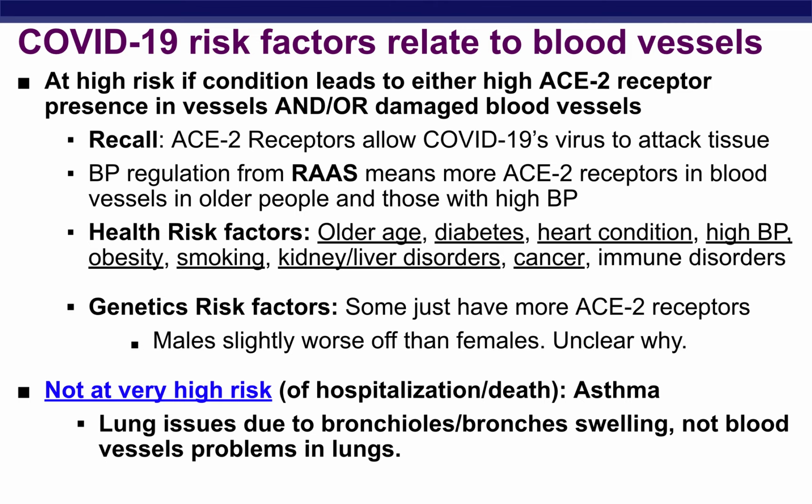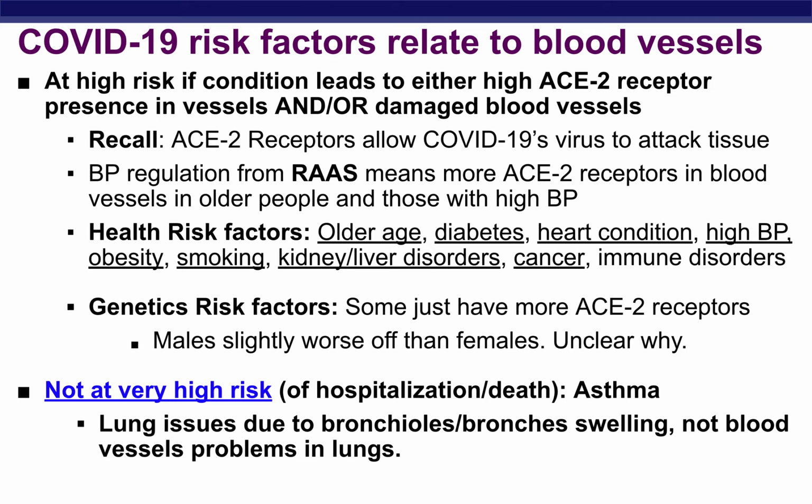Now, what leads to those higher risk factors for COVID-19? Well, many of the things that lead to higher risks of severe COVID-19, not getting it, but having a severe case of it that may lead to hospitalization or even death, are often associated with risk factors that put your blood vessels into a vulnerable position.